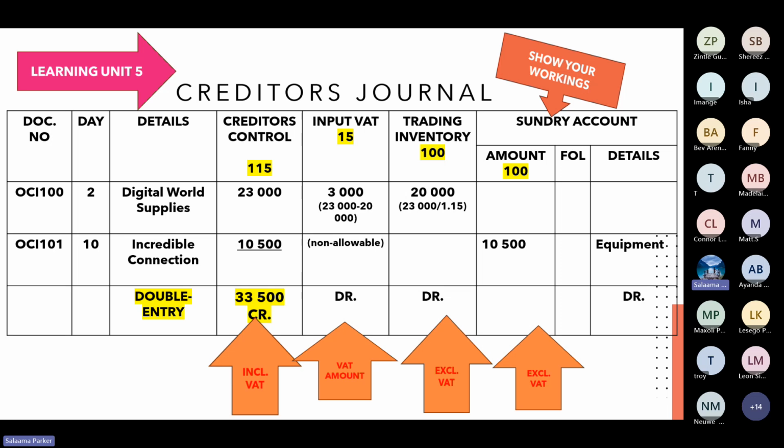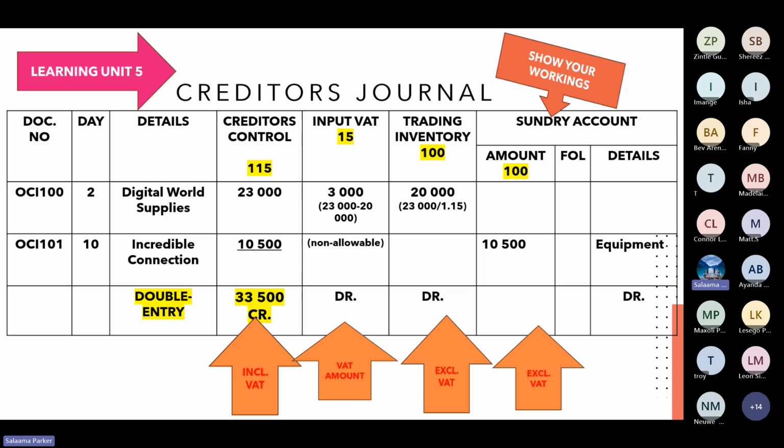And then on the 10th, anything for the staff is non-allowable, so no VAT. We don't calculate any VAT, and we do not have a column for equipment, so that will go to sundry accounts. Okay, so please just remember that.